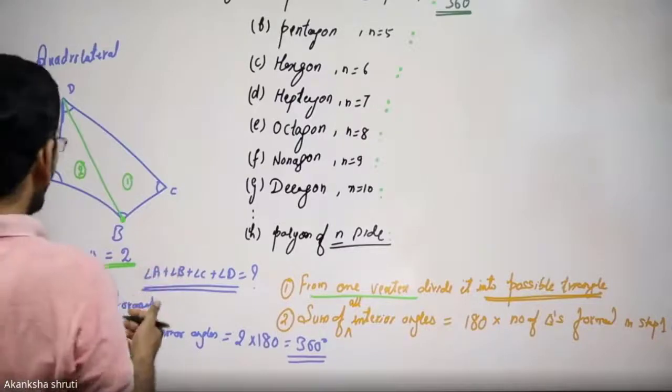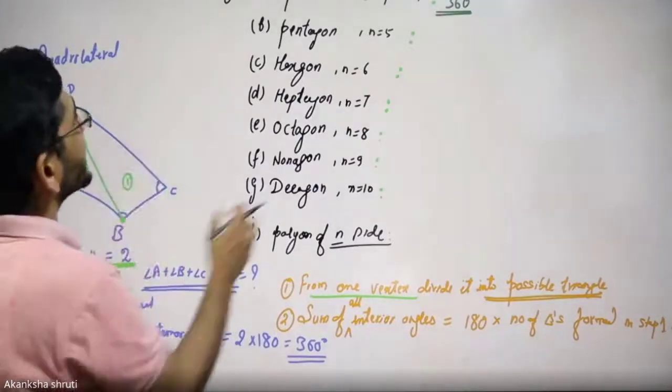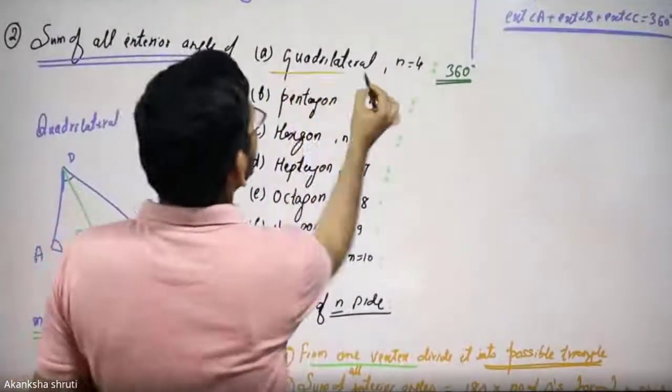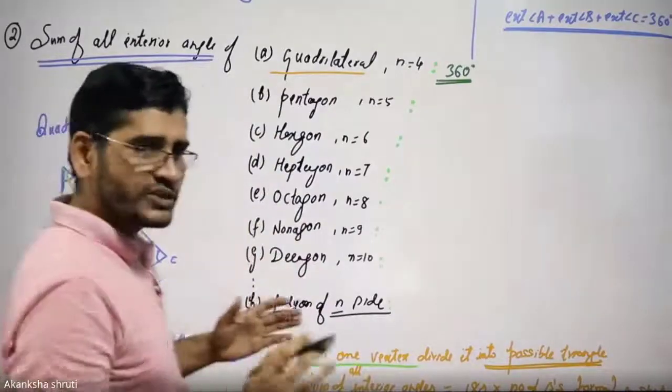So what is the sum of all the interior angles for a quadrilateral, for a pentagon, hexagon, heptagon? No need to mug up.